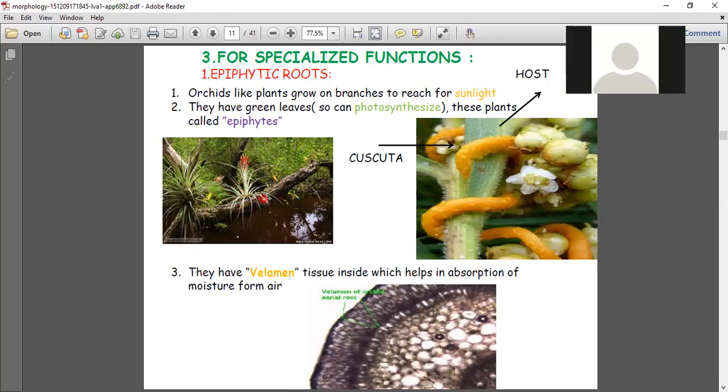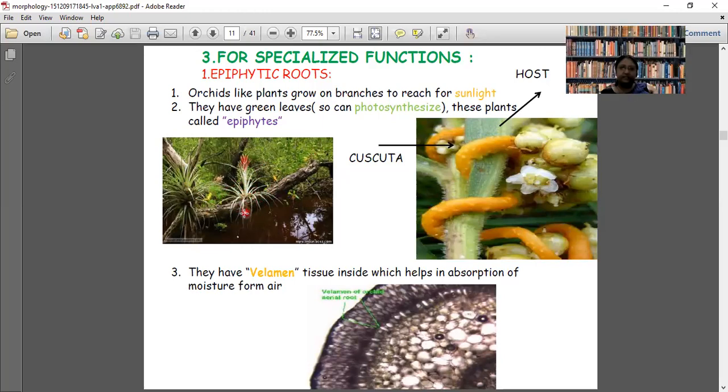Yes, ma'am. You would think these are leaves, but they are not leaves, they are roots. As they are present not inside soil, they change themselves into green color to be more useful to the plant. And here you can see the sponge-like structure which is responsible for absorption of moisture from the air.